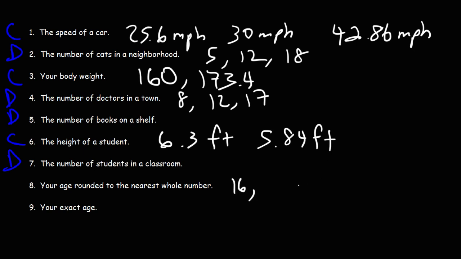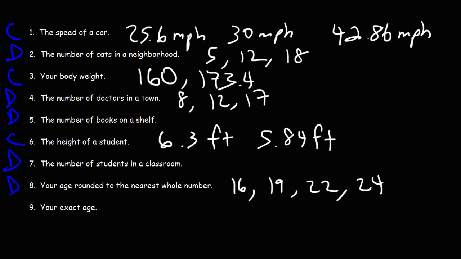Let's say Lucy is 19. Let's say James, when you round his age, it's 22. And Jared will say 24. So because it's rounded to the nearest whole number, you can't have any numbers in between. You can't have 16.8 or 19.3 or anything like that. So therefore, this set of data can only take on specific values, that is whole numbers, which means we have a discrete set of data.